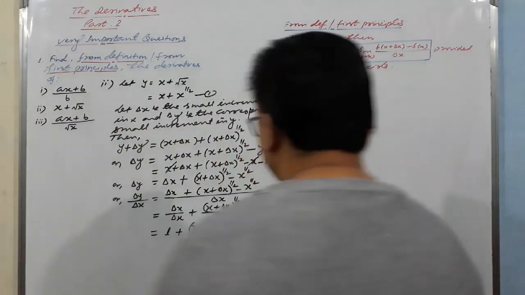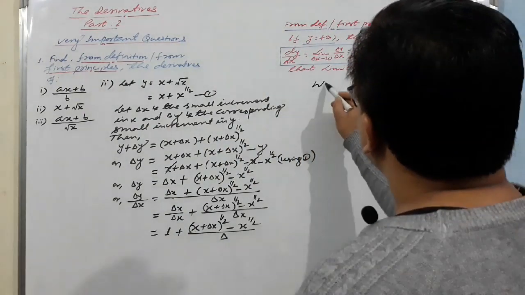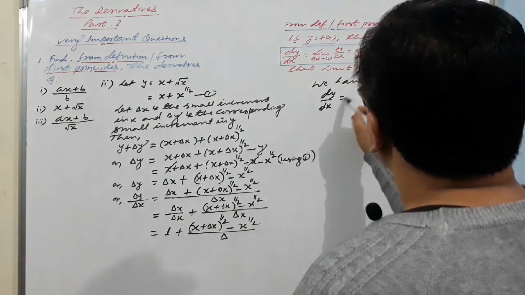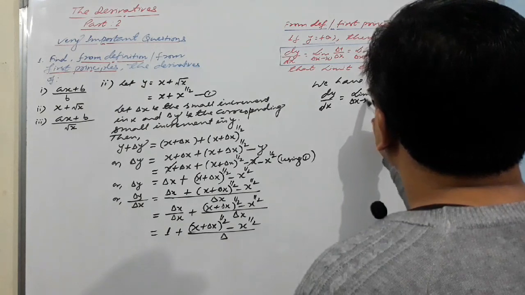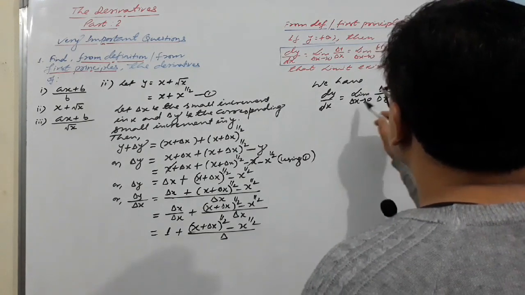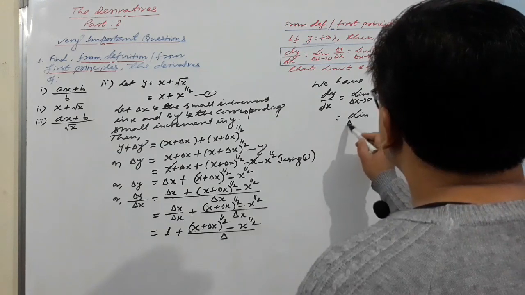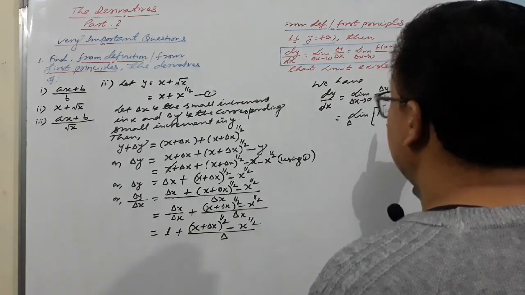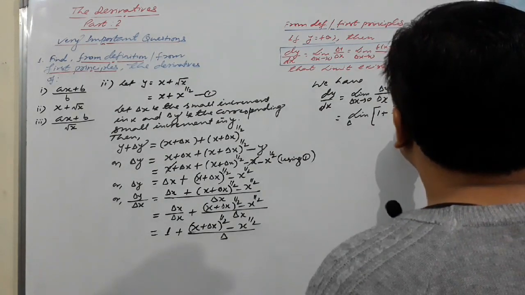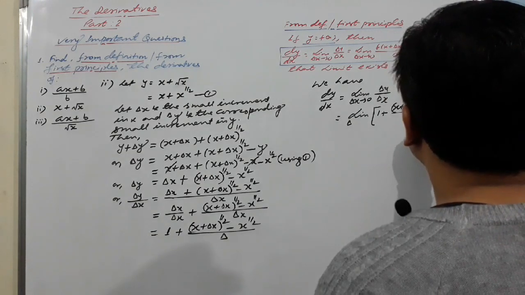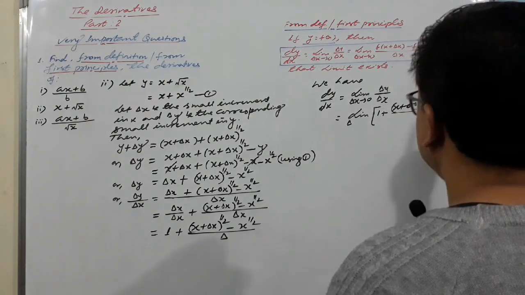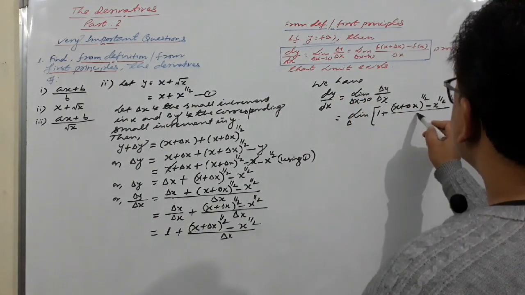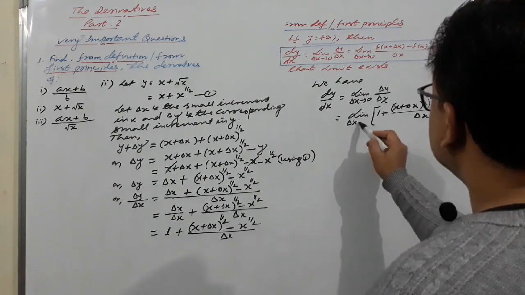Okay, now I'm writing here. Now we have by definition dy by dx is equal to the limit of delta y by delta x as delta x tends to 0. Limit of delta y by delta x: 1 plus, in a big bracket or square bracket you can say, (x plus delta x) raised to the 1 by 2 minus x raised to the 1 by 2 over, here I forgot to write delta x, delta x, as delta x tends to 0.